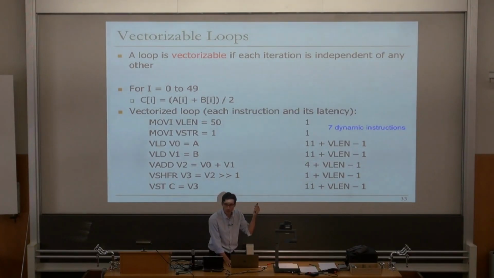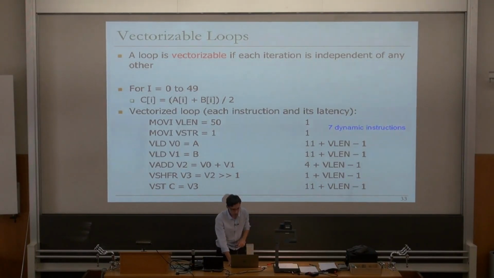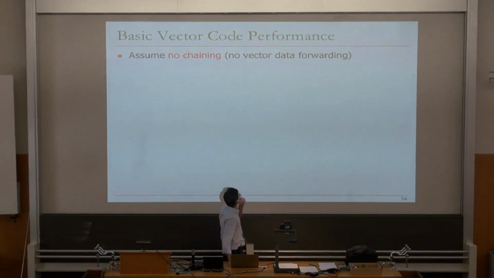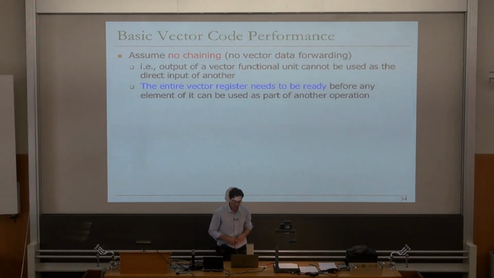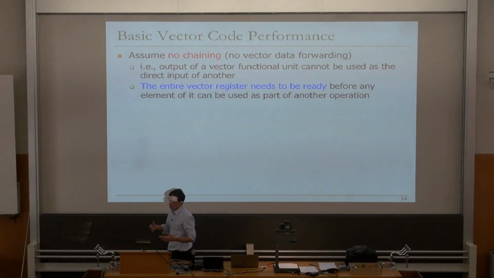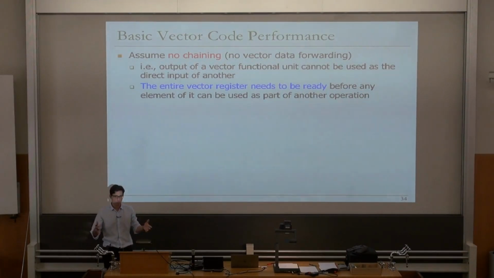So remember, it was 304 for the scalar processor. Here in the vector processor it is only 7 dynamic instructions. And for now, we are going to assume that there is no chaining. Chaining means data forwarding, vector data forwarding. No chaining essentially means that we cannot use the output of one vector functional unit until all the elements in the output register are ready.